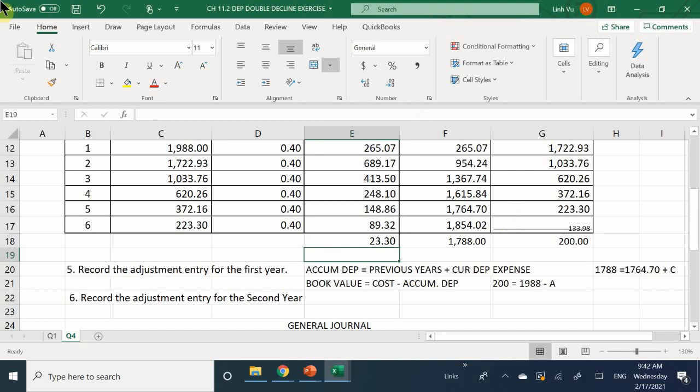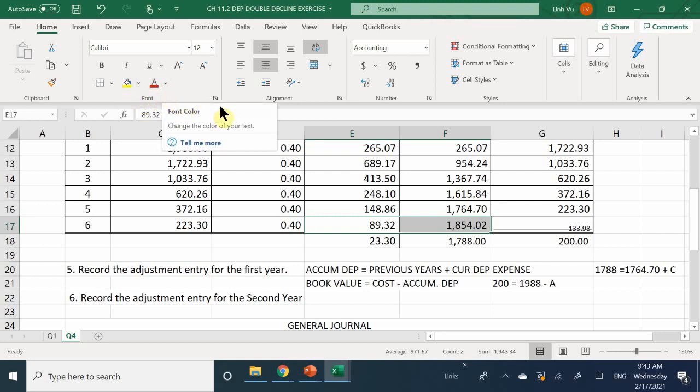Other things that you can take a look at: if my salvage value is 200 and my book value is 223.30, then I need to depreciate $23.30 in order to get to 200. So there's multiple ways that you can look at it in terms of how to solve for the depreciation expense for year 5.